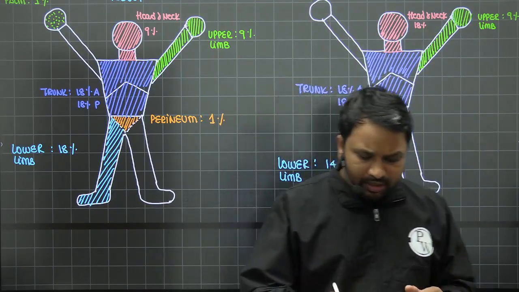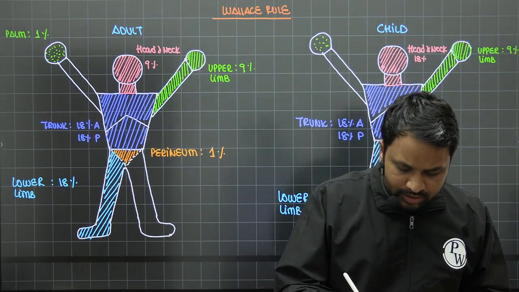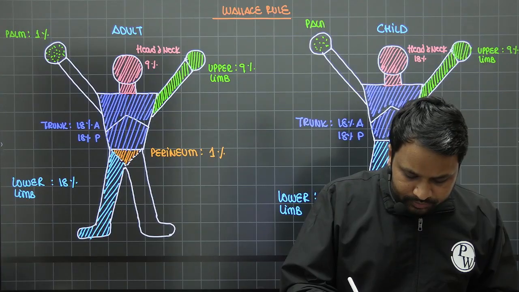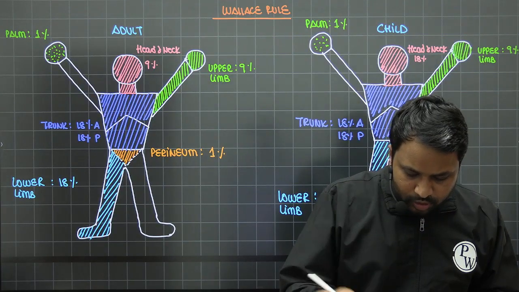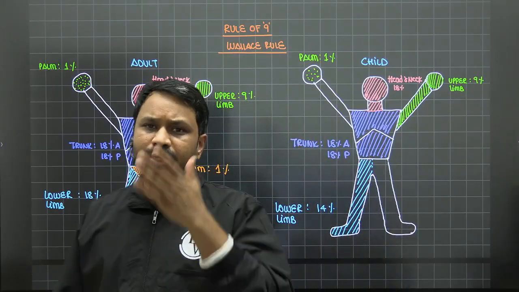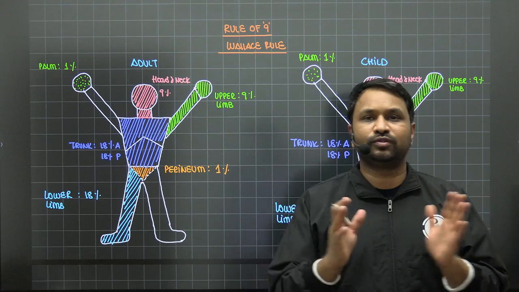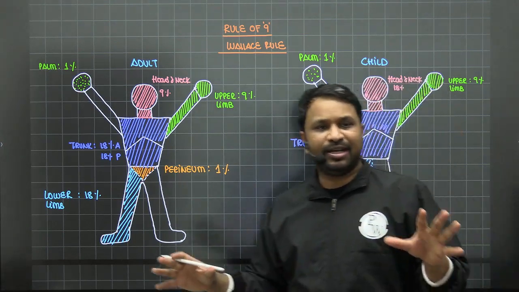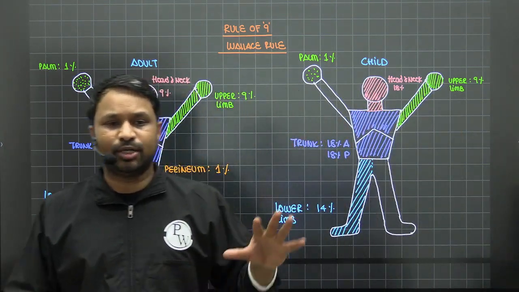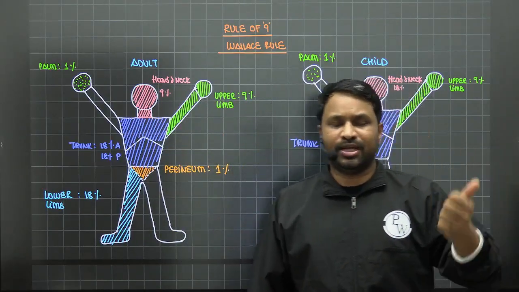The palm in a child also accounts for 1% of the total body surface area burnt. And this is what we call the Wallace rule, also called the rule of 9. Now everybody understands how we assess the total body surface area burnt in quick succession. Based upon this, you will never go wrong.